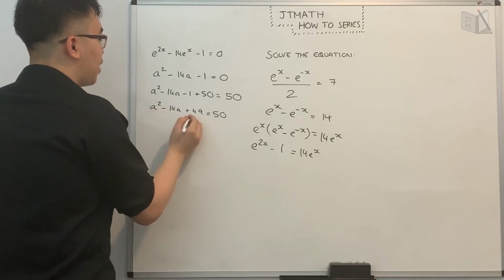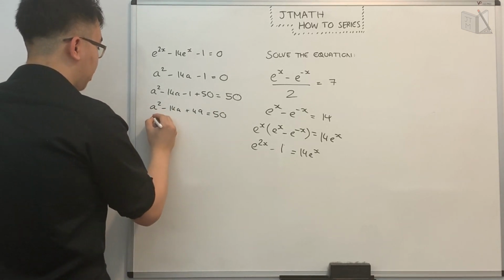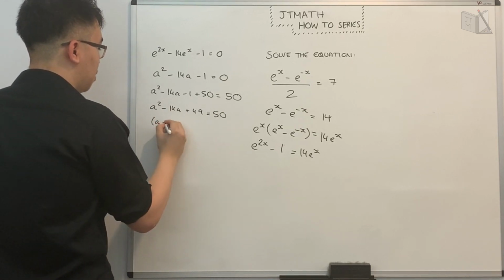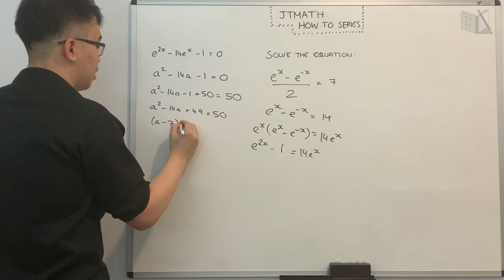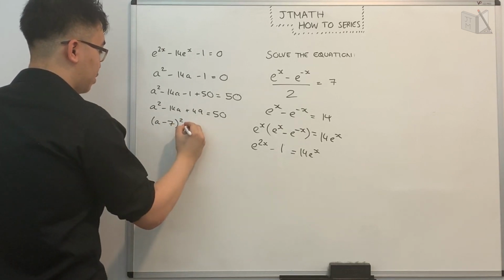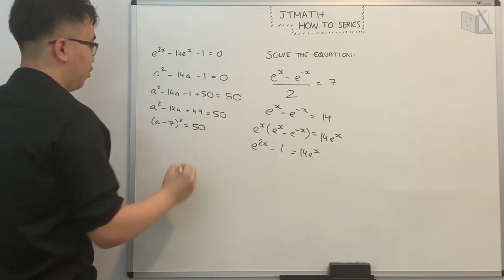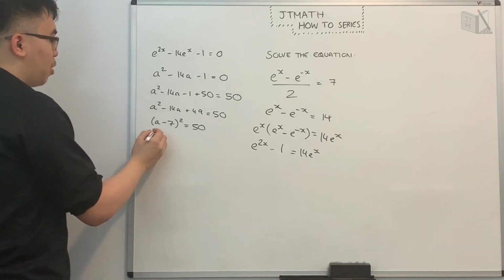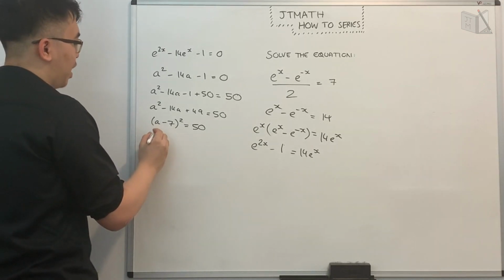And then we can go ahead and factor this now. So we'll have (a − 7)² = 50.